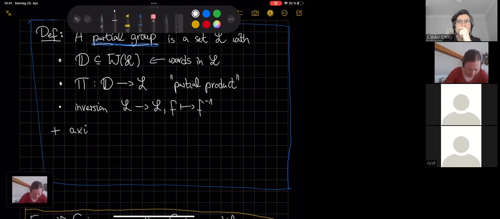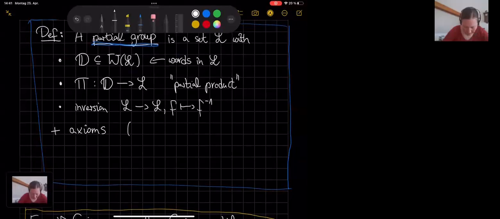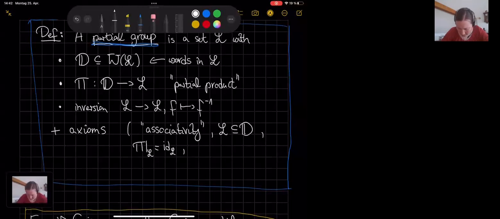And then some axioms hold, which are group-like. Yeah, something like associativity holds. And then the product should be defined on the words of length 1, which I identify with L. So pi restricted to L is the identity on L. And then the empty word is in D. And if I look at pi of the empty word, this is like an identity in a certain sense.